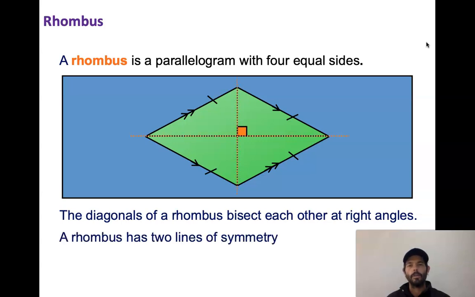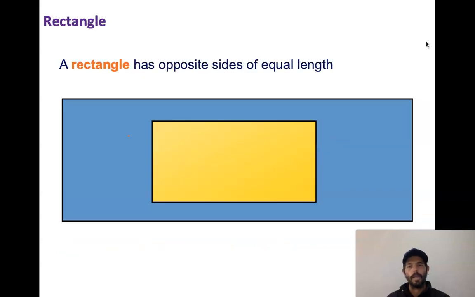There are 2 lines of symmetry in a rhombus, so you could fold that rhombus shape on its vertical or horizontal diagonal, and the 2 halves would end up on top of each other, and it has a rotational symmetry order of 2. Okay, so that's a rhombus. Then we have a rectangle, and we know that a rectangle has opposite sides of equal length, indicated by the stripes.